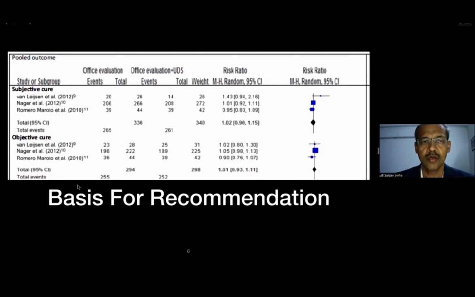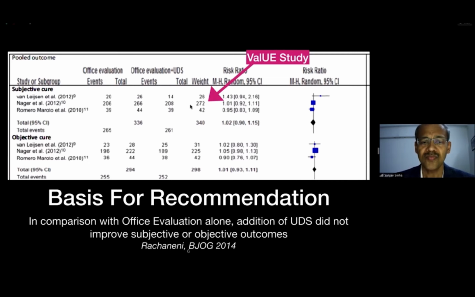This is based on a systematic review which showed primarily from these three studies, and especially the VALUE trial, which had the highest weight in this review, that in comparison to office evaluation alone, the addition of urodynamics did not improve either the subjective or the objective outcomes.